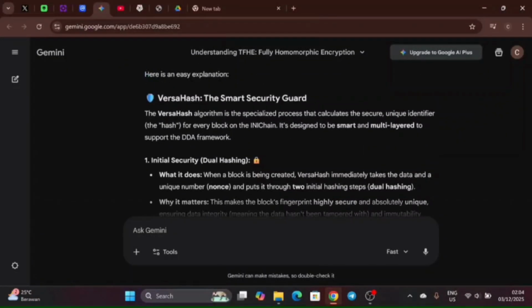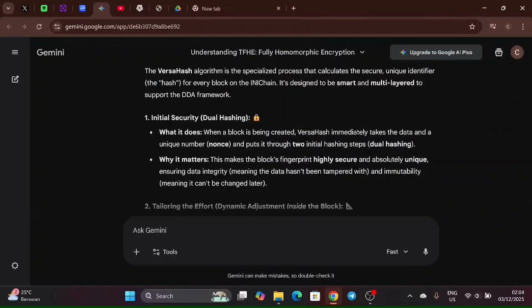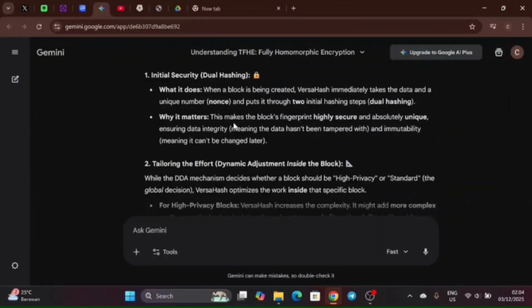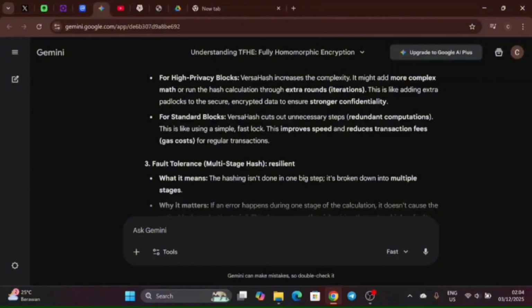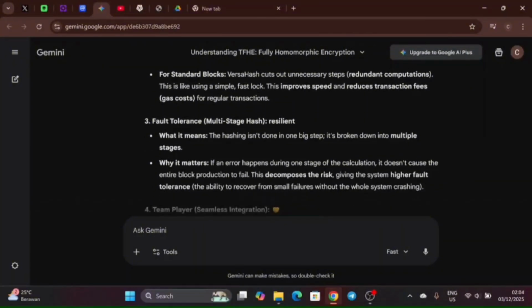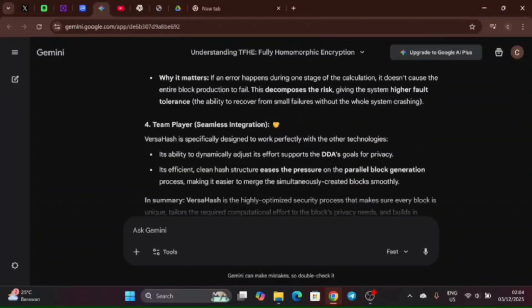The security: initial dual hashing, tailoring the effort, dynamic adjustment inside the block, which means flexible adjustment. Fault tolerance with multi-stage hash means they use multiple standard hashes. Team player: seamless integration.